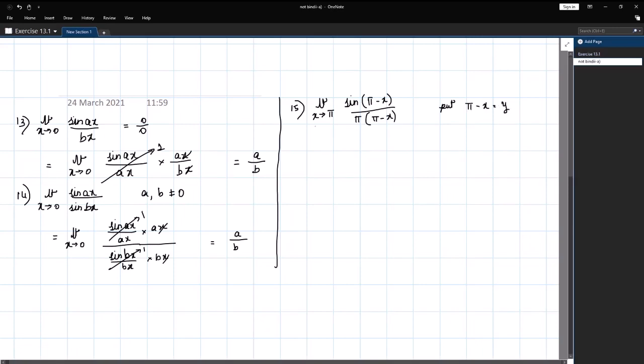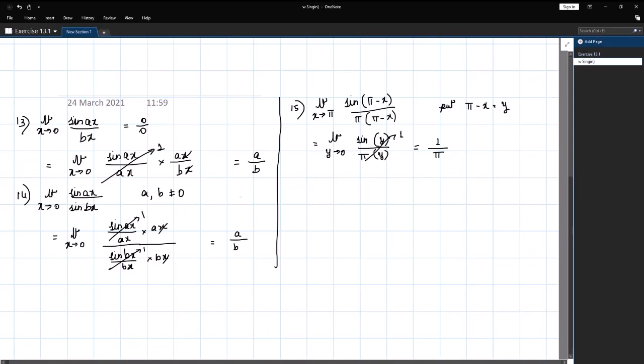So changing the limit from x to y, if we put pi here, we'll have pi minus pi, that is 0. y tends to 0, sine of y divided by pi into y. So this whole term will be 1. What is remaining here is 1 by pi.